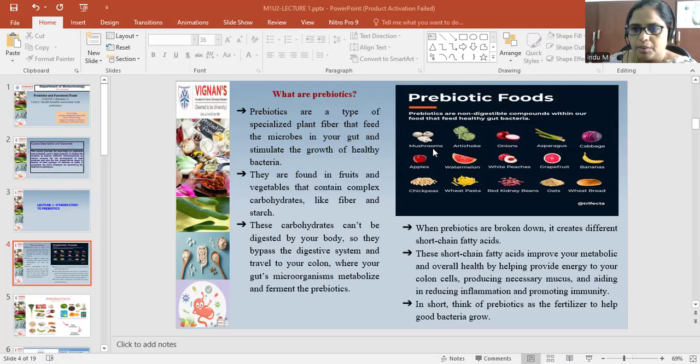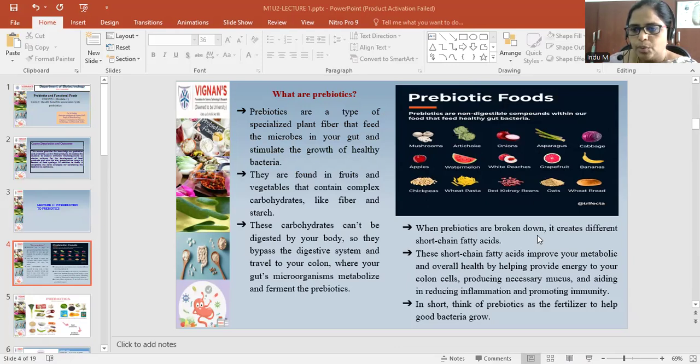So these are the various prebiotic foods: mushrooms, artichoke, onions, asparagus, cabbage, apples, watermelon, white peaches, grapefruit, bananas, chickpeas, wheat pasta, and then red kidney beans, oats, and wheat bread. So all these come under the prebiotic food material.